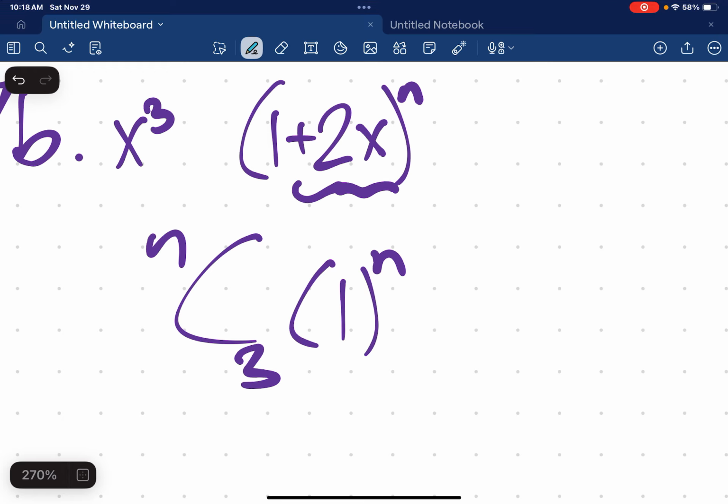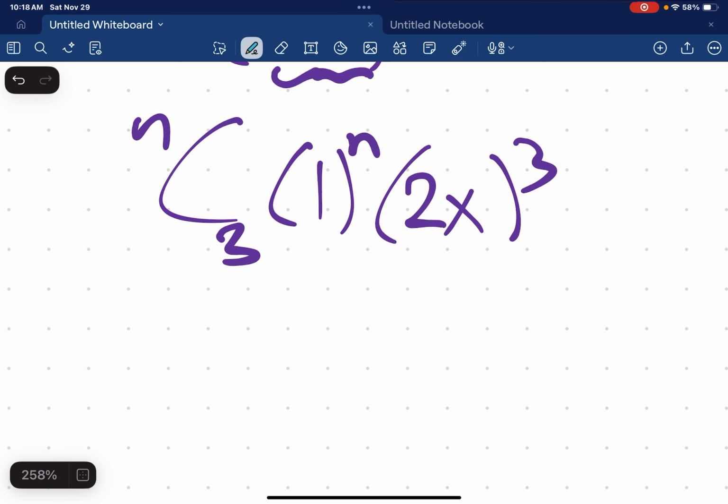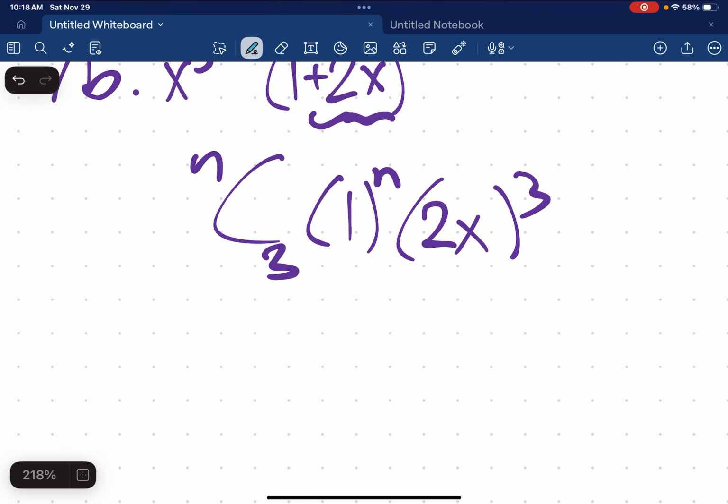1 to the n, which is always just equal to 1, times 2x to the third. Okay, so then we'll have n here times 8x cubed.